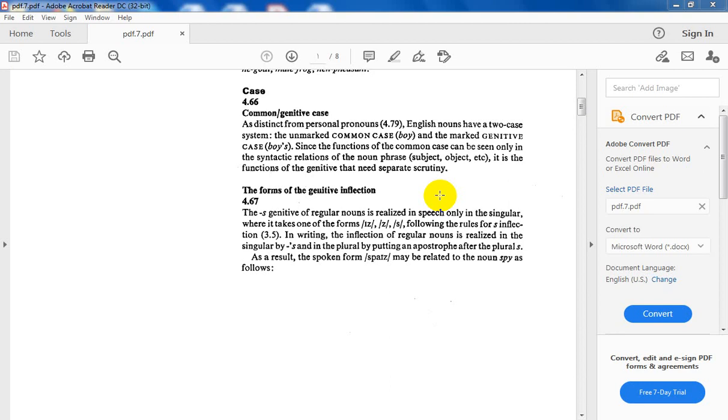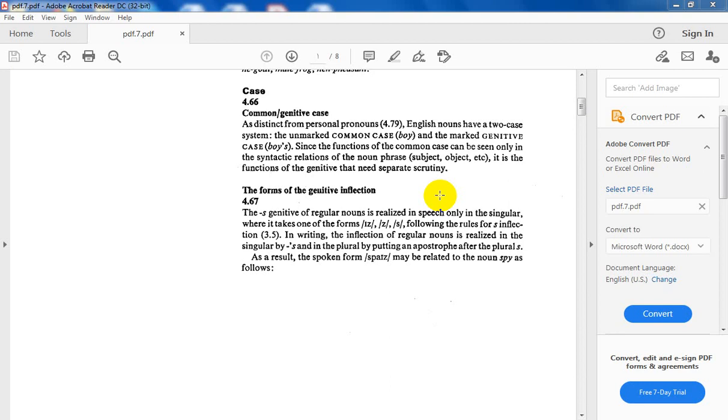Up to this point it is S genitive, not S possessive. Since the functions of the common case can be seen only in the syntactic relation of the noun phrase, subject, object, it is the function of the genitive that needs separate treatment.